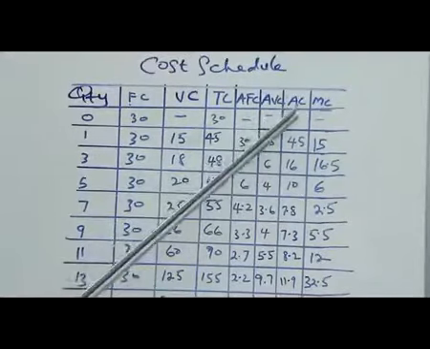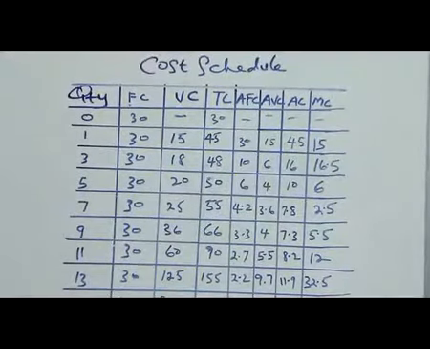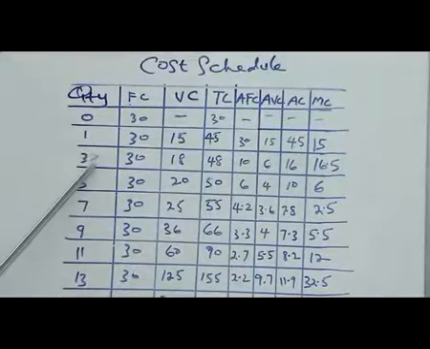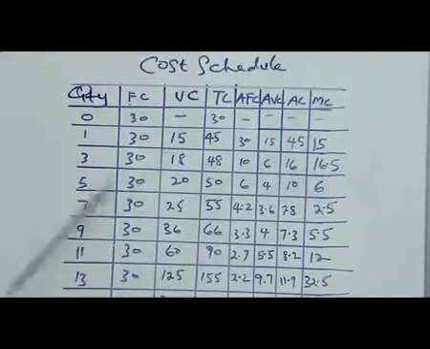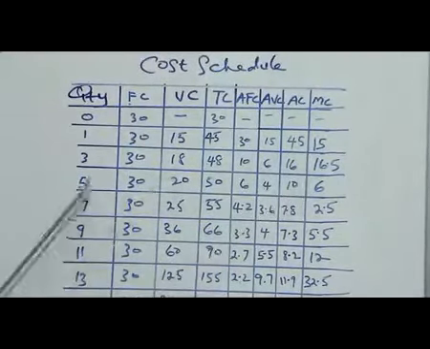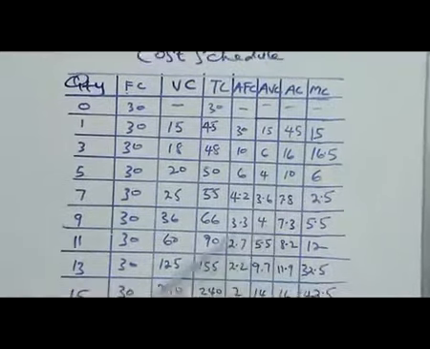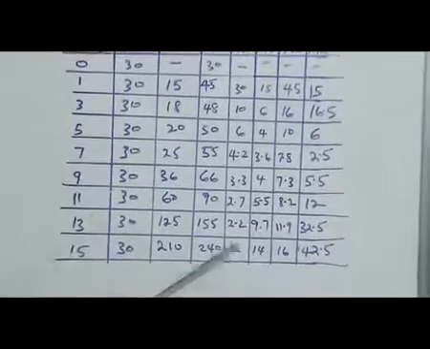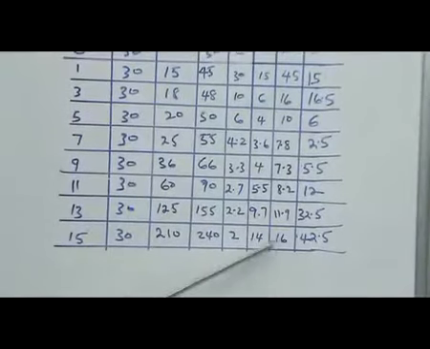So the average cost of a unit is 45. While for 3 units, the average is 16. For 5 units, the average is 10. For 7 units, the average is 7.8. For 9 units, the average is 7.3. For 11 units, the average is 8.2. For 13 units, the average is 11.9. For 15 units, the average is 16.